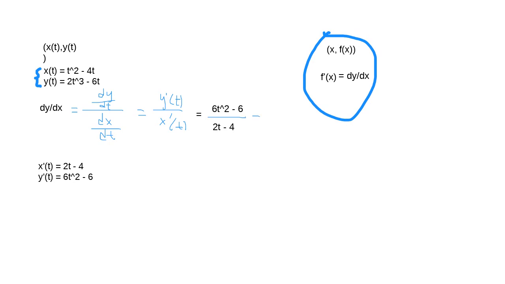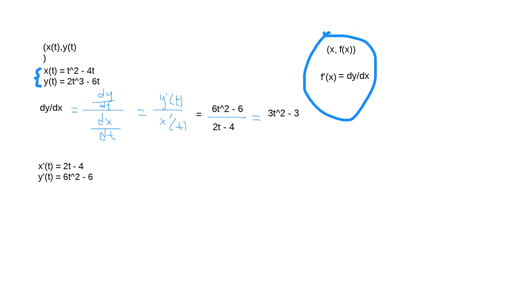We can simplify a little bit, right? Because 2 is a common factor for everybody, we just divide by 2, so we get 3t squared minus 3 divided by t minus 2.